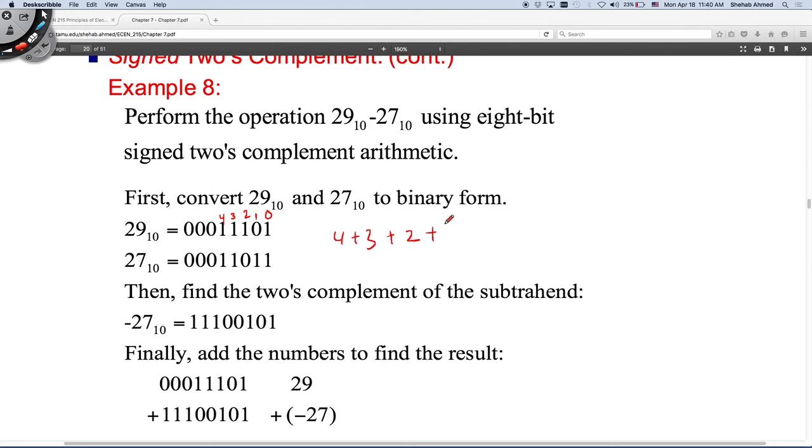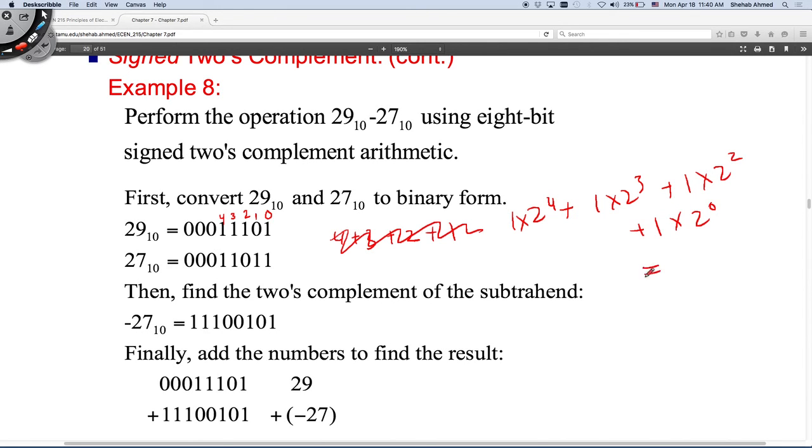So 1 times 2 to the 4th, plus 1 times 2 to the 3rd, plus 1 times 2 squared, plus 0 times 2 to the 1, plus 1 times 2 to the 0.